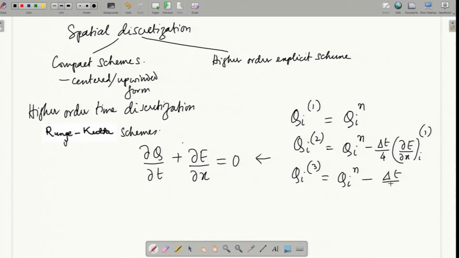We are showing a modified RK scheme here of fourth order, which means that you also have an enhanced formal accuracy.